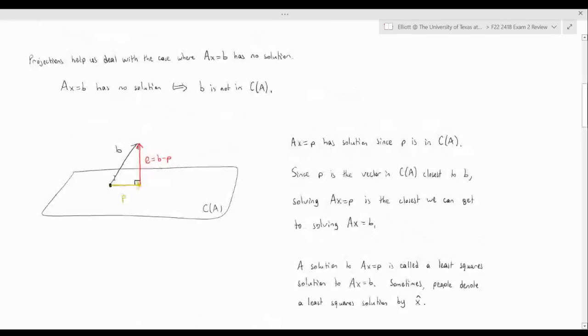So you get this kind of picture here, where now we have the column space of A. b is not in the column space. But what we can do is project b onto the column space of A. And because the projection vector is in the column space, that means that the equation Ax equals p will have a solution, okay?